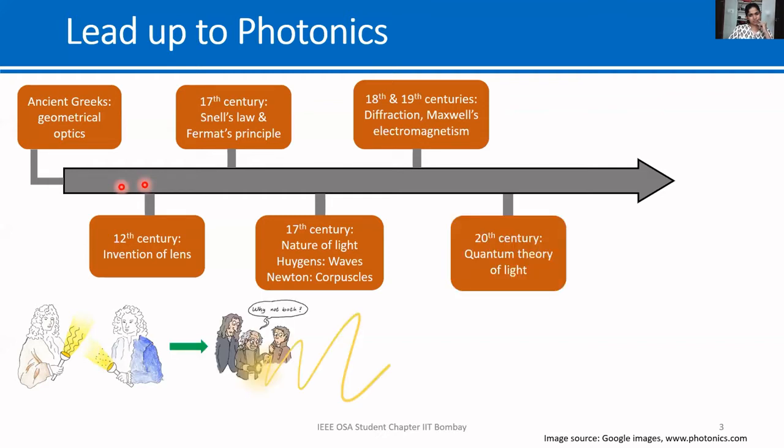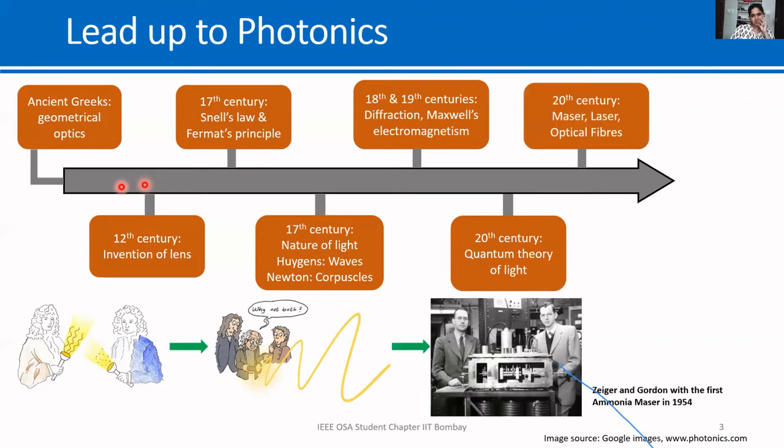But in the 20th century, Albert Einstein came and said all this is wrong, and light actually has a dual nature, meaning it can exist as both particles and waves, and these tiny packets of energy in which light exists are called quanta, and that came to be the quantum theory of light.